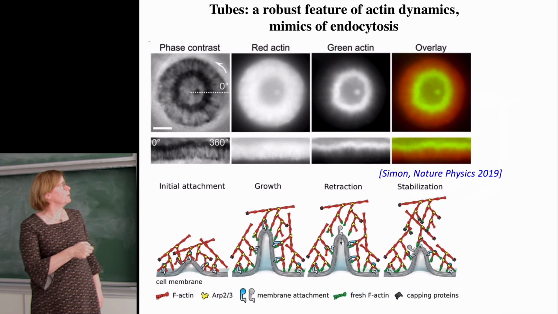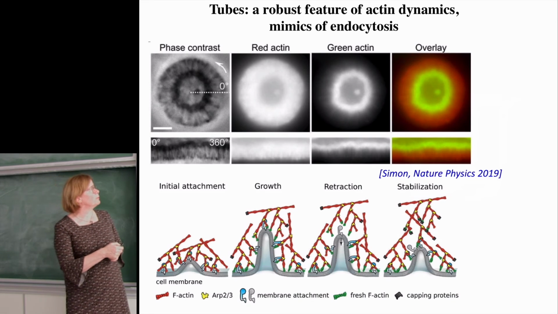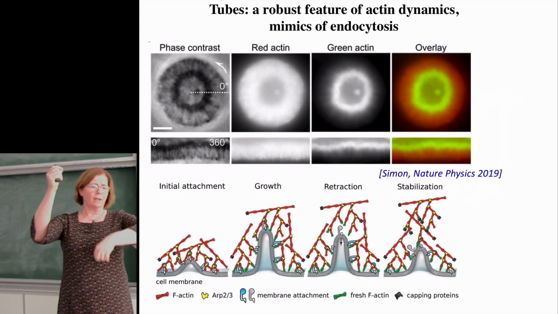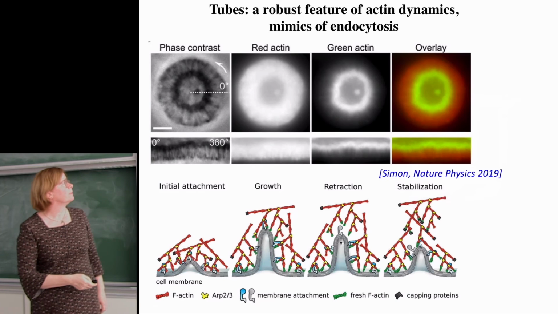So constantly, to pull a tube, you need a point force. But this point force, this attachment, can detach, and then other attachments to the network will take their turn. And so we have growth and shrinkage of these tubes within the network.